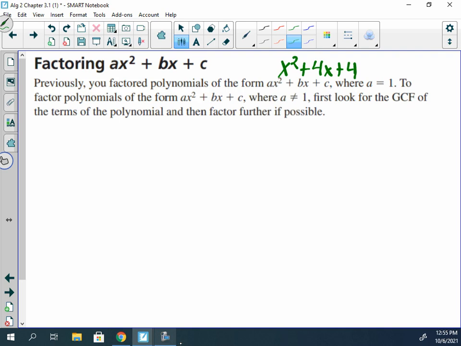But in the 5 steps that we're going to use, the first step is to find the greatest common factor. Is there a common number or variable in all the terms? If there is, we're going to factor it out.